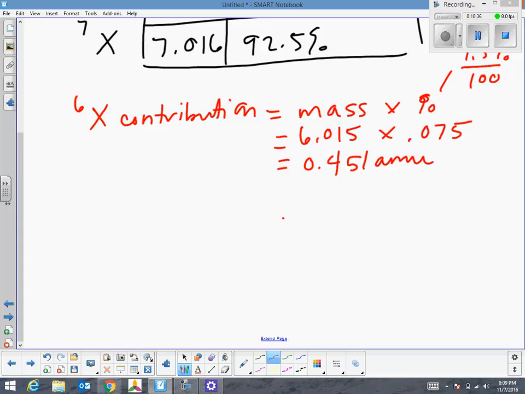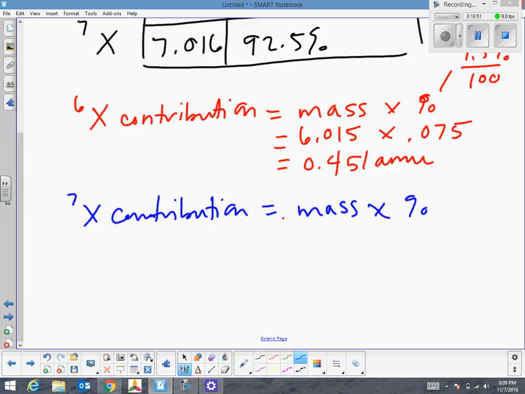Now isotope 7, if we take a look at that one, its contribution, again, equals the mass that isotope has times its percent abundance, how common it is. Again, we have to get that percent out of percent form and into a decimal, so you divide by 100.